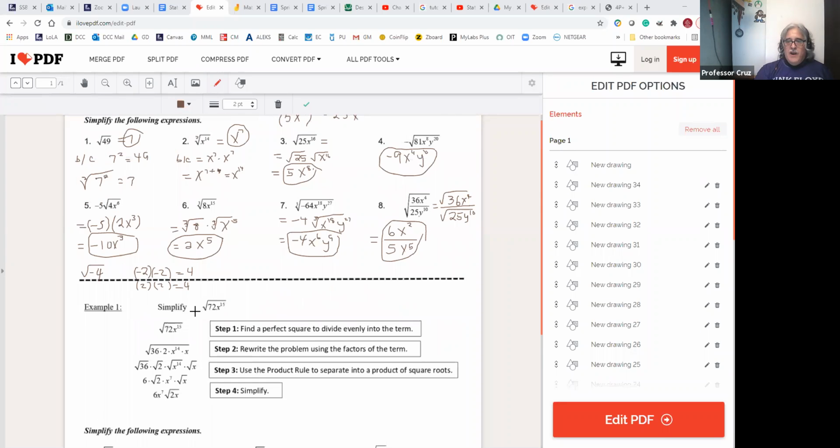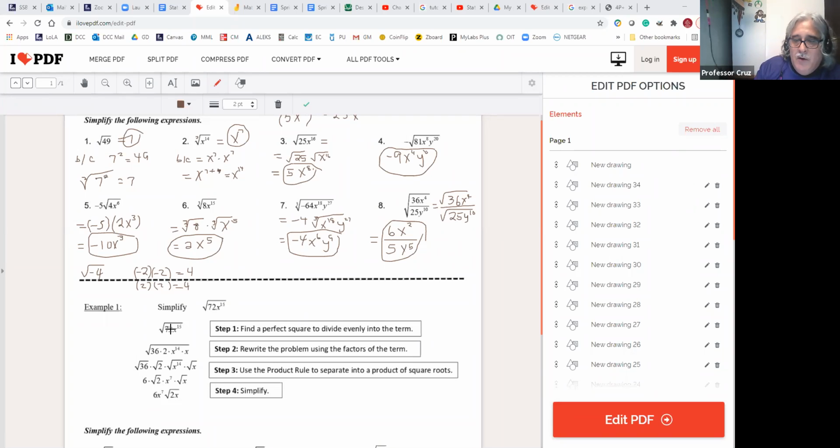All right, we've got this one here. It says 72 x to the 15th. Now, what we have to do in order to simplify these is factor out any perfect squares. If there's no perfect squares, then it's basically already simplified. But if we have a perfect square in there, we're not simplified.